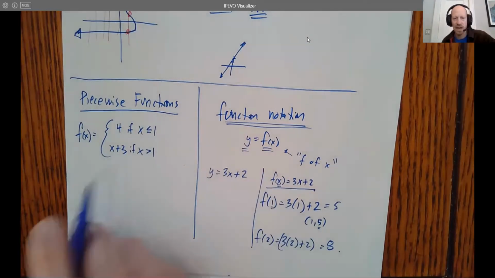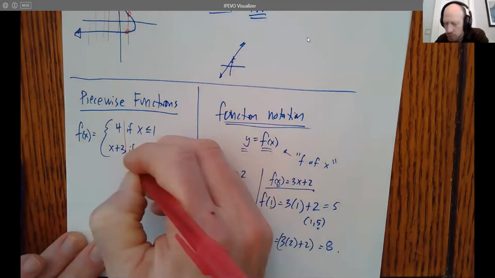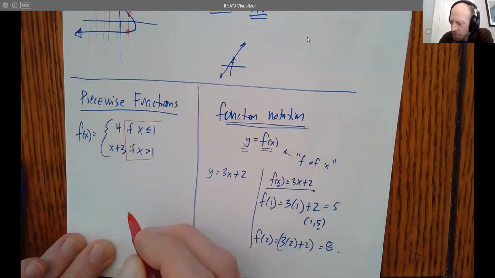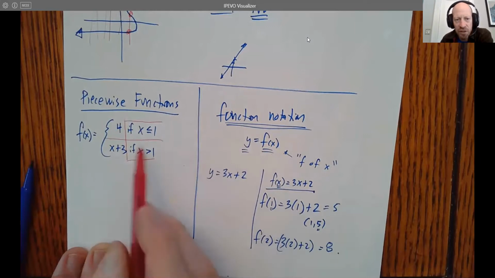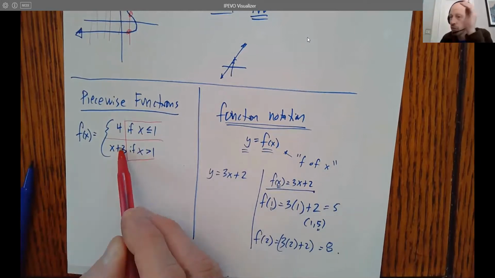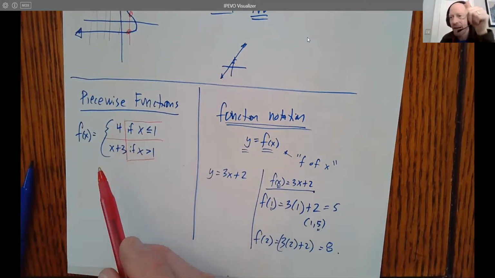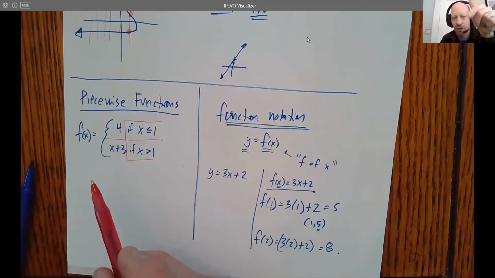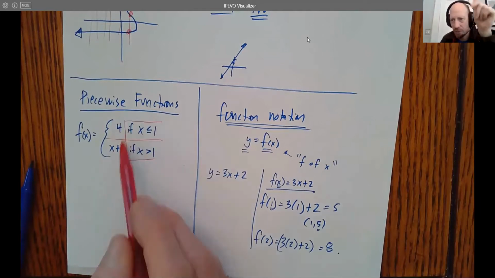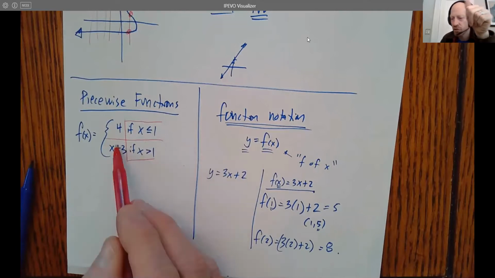This second part here is telling you which of these two formulas to use. Remember, it's a function, so if I give you an x, there can only be one y. I can't have an x being two different things. I have to choose one of these, because that's the way a function works. This condition is going to tell me which one of these to choose.